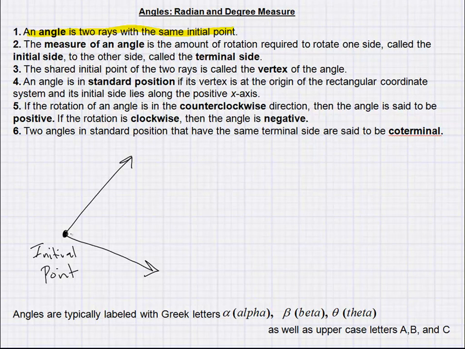Now the measure of an angle is the amount of rotation required to rotate one side, which we're going to call the initial side, to the other side called the terminal side. So if I take one side here and I consider this ray to be my starting side, that's going to be my initial side.